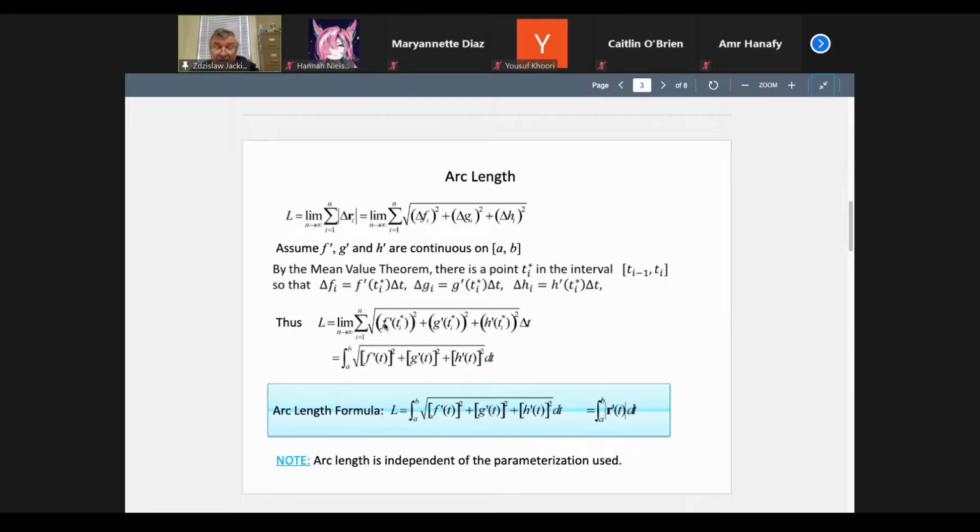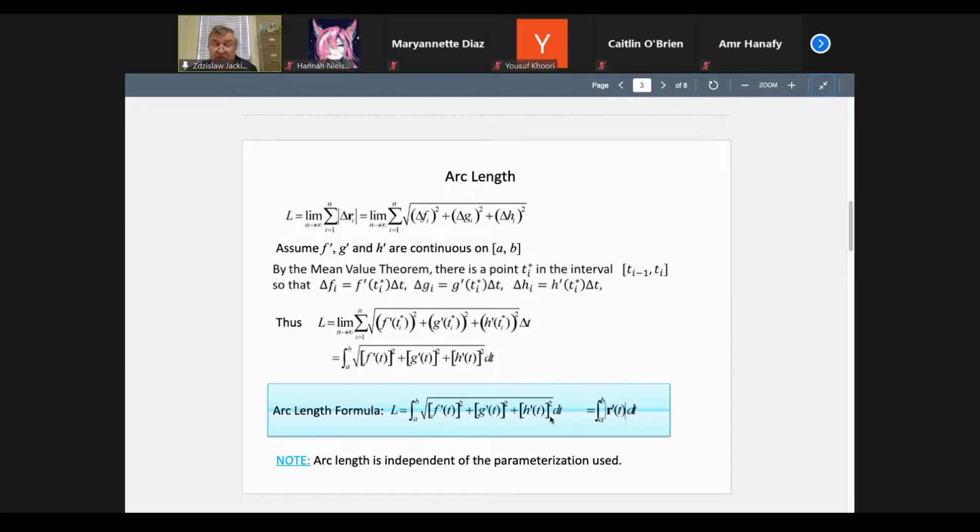So as n goes to infinity, this goes to the integral. So the length of the curve is the integral, as the parameter ranges from a to b, of the square root of f prime squared plus g prime squared plus h prime squared dt. Just a Riemann sum. So again, if you miss the derivation, don't worry.